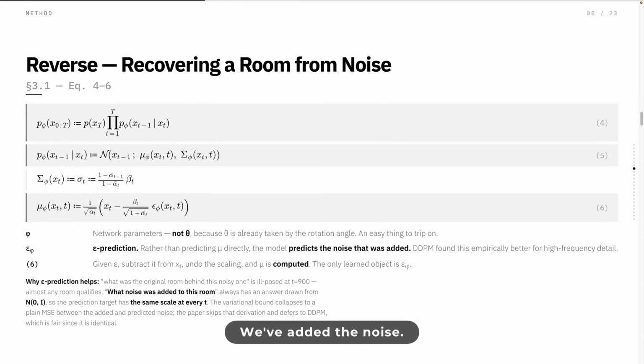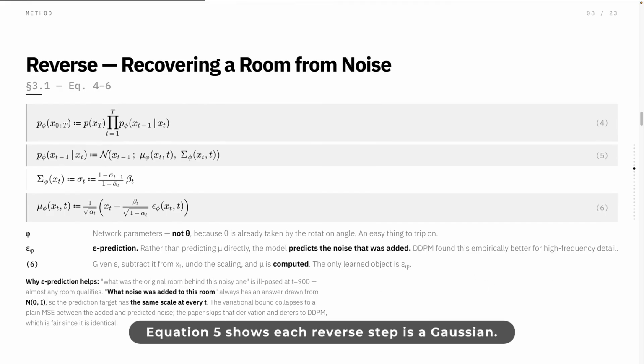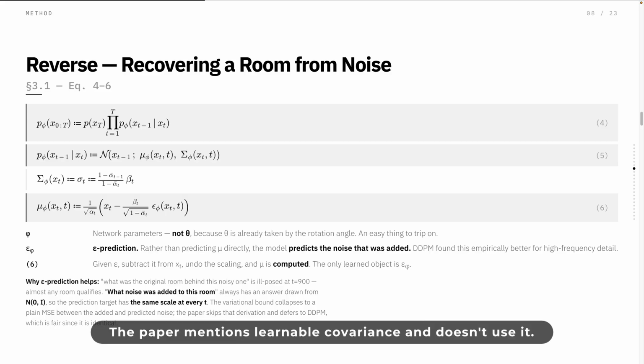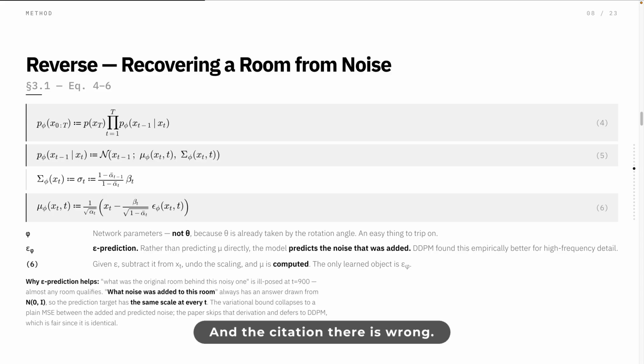We've added the noise. Now we reverse it. Equation 5 shows each reverse step is Gaussian. The variance is not learned. Sigma t is fixed by formula. The paper mentions learnable covariance and doesn't use it, and the citation there is wrong.